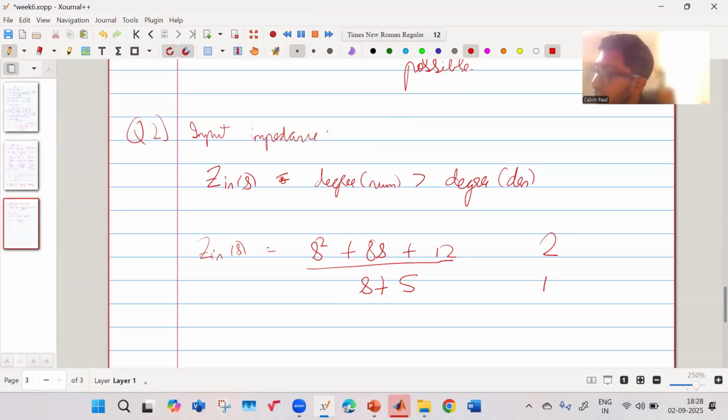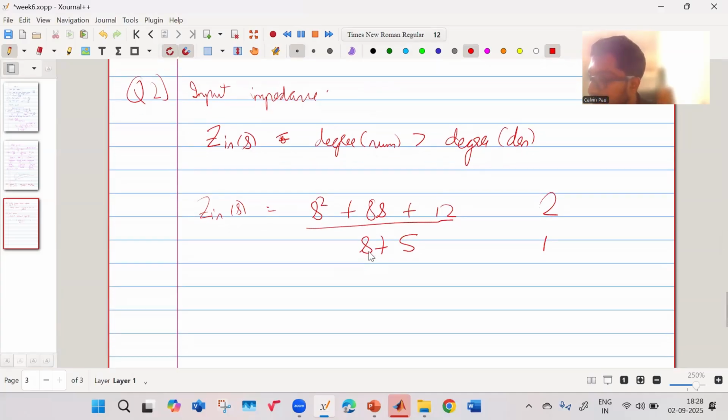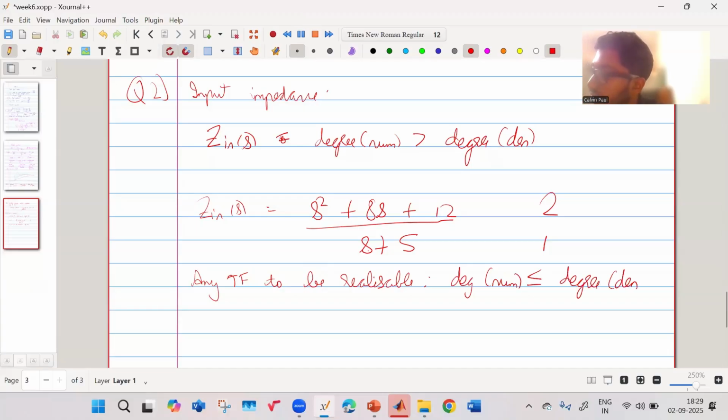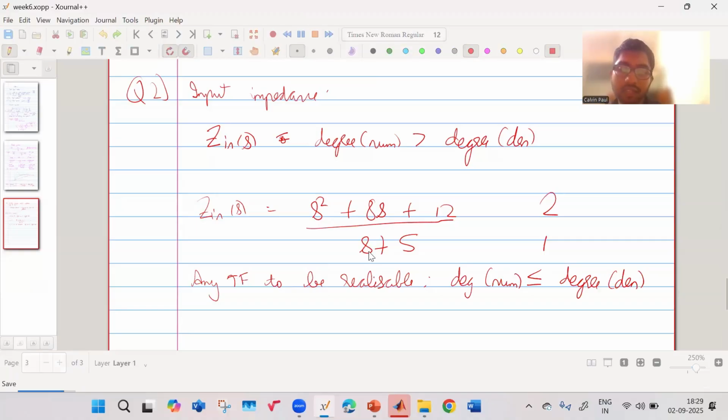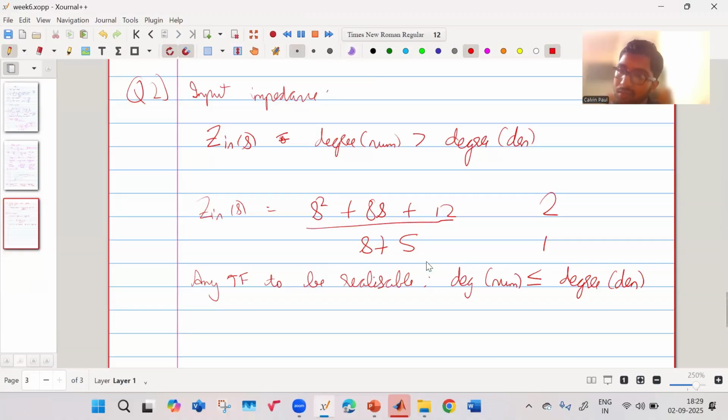Such a transfer function is not physically realizable, because for any transfer function to be realizable, the degree of the numerator must be less than or equal to the degree of the denominator. It's not a proper transfer function.